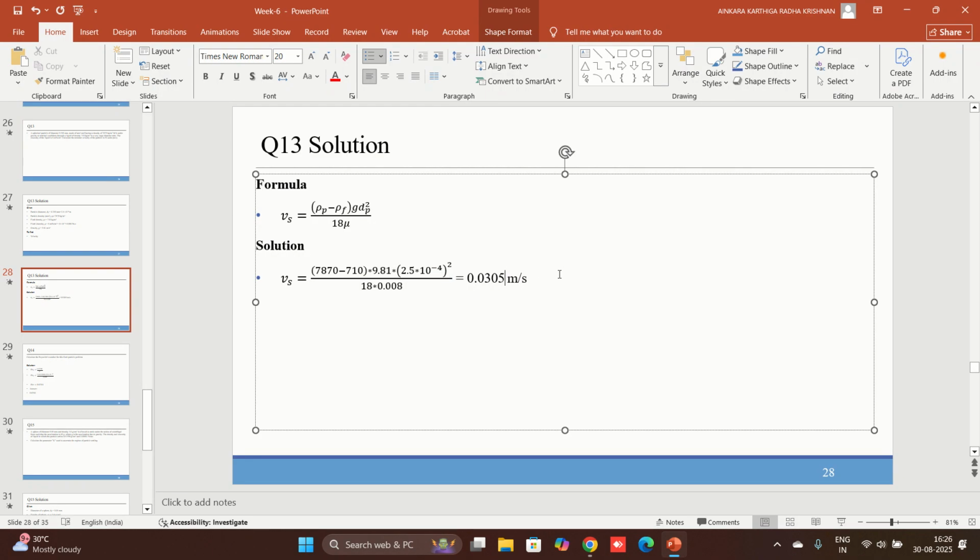So now what we have to do is verify the Reynolds number claim. Verify the Reynolds number, so it is assuming Stokes.